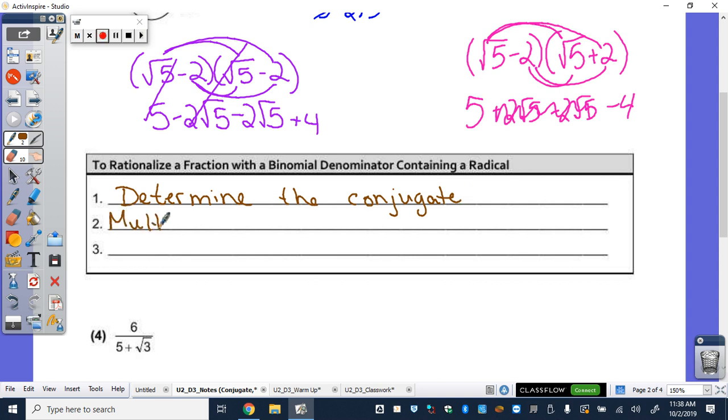So then second step, multiply numerator and denominator. You multiply those by the conjugate, just like before we multiplied it by the radical. And then step 3, if necessary, you're going to simplify, as always.